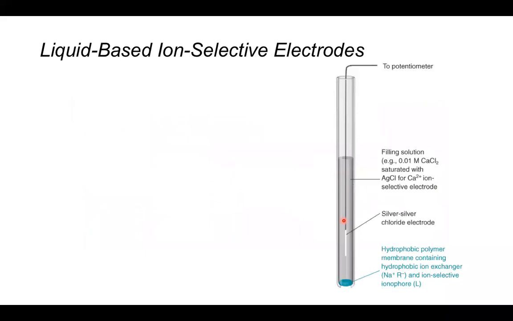Okay, so liquid-based ion selective electrodes. Here we have another one where we still have to have a plug. We can't just have the liquid and then release it into the solution. There has to be some sort of membrane, either a polymer or whatever it happens to be, which stops the solution in here from immediately mixing with the solution that we want to measure. We have to slow the movement of ions through the membrane.